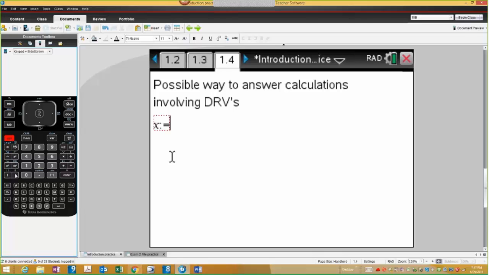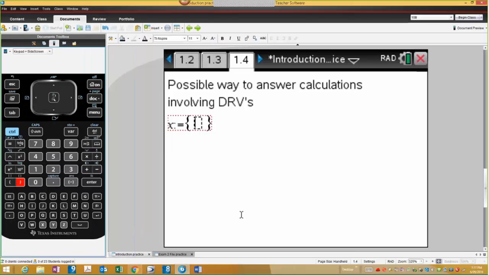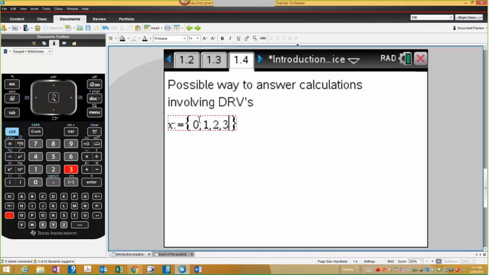So if I press Control and the bracket button there, as you can see on my screen, you'll notice that the brackets have been displayed. What I might do is just make it a little bigger so you can see it a bit easier. I'll try 0, 1, 2, 3.